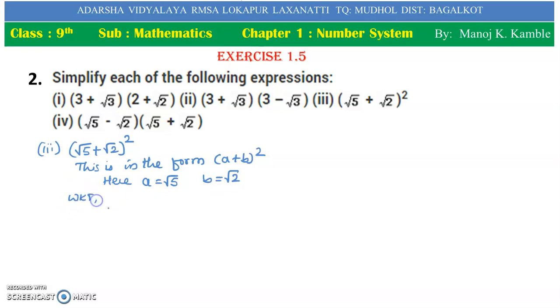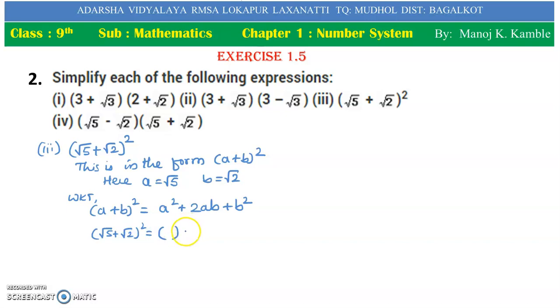We know that a plus b whole square is equal to a square plus 2ab plus b square. So a means root 5 and b means root 2, whole square.